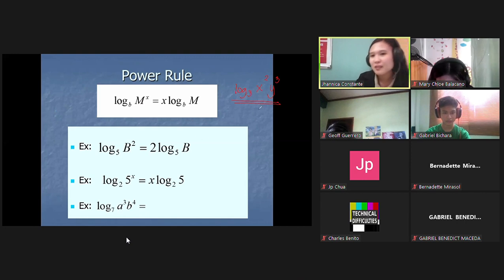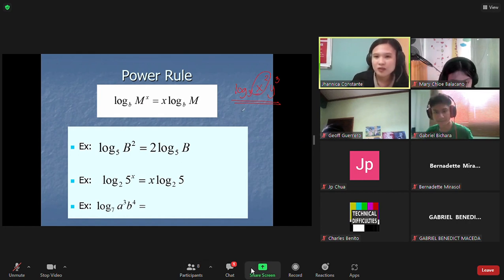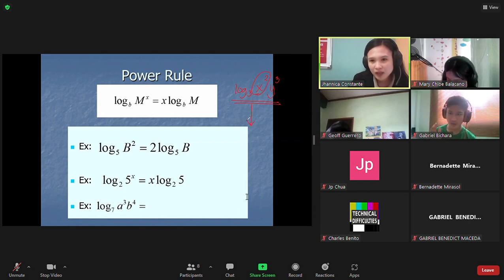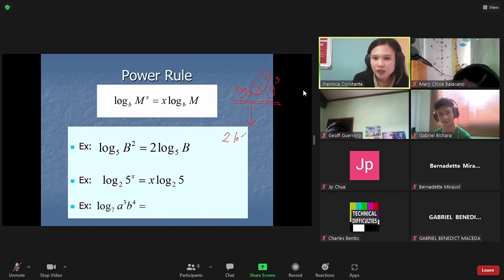So let's start with the first argument, x squared. If we're going to expand this, it will become 2, the exponent of your argument, logarithmic 3 and your x.